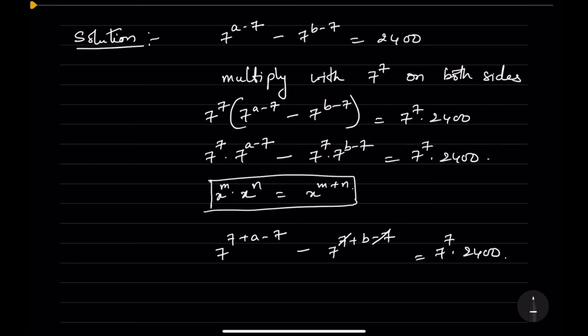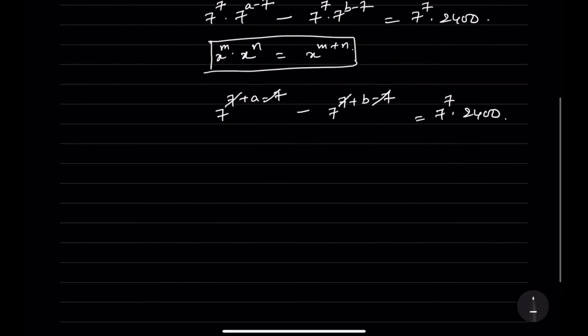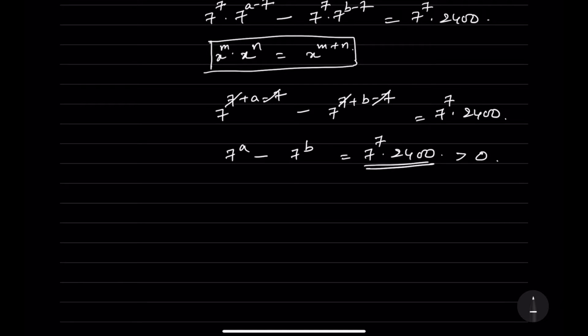So your 7 will get cancelled. So you are getting 7 to the power of a minus 7 to the power of b is equal to 7 to the power of 7 into 2400. Now we can see that this number on the right hand side is greater than 0.